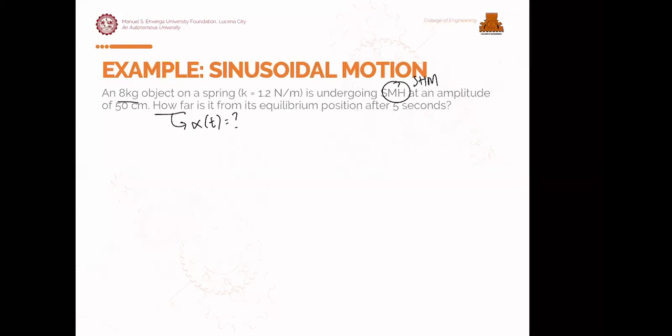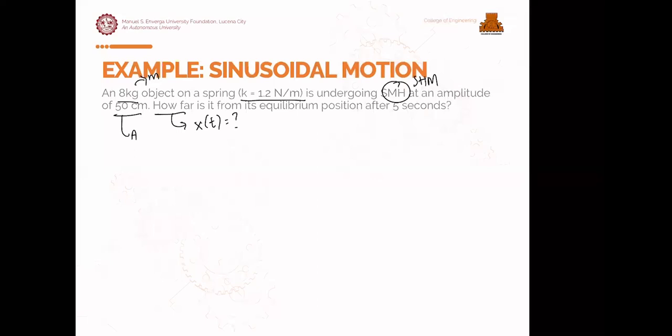So, we have value ng m. Okay. Then, meron tayong value ng k. Then, meron tayong amplitude, no? A. So, ibig sabihin, kailangan natin ng value ng x of t. So, which x of t yung gagamitin natin? So, if ever walang nakalagay kung anong wave yung consider natin, by practice, laging cosine wave yung ginagamit na equation.